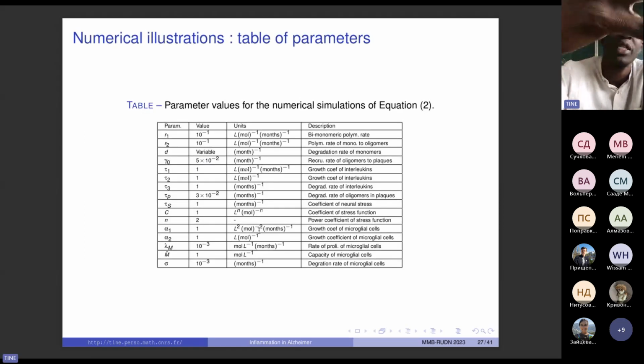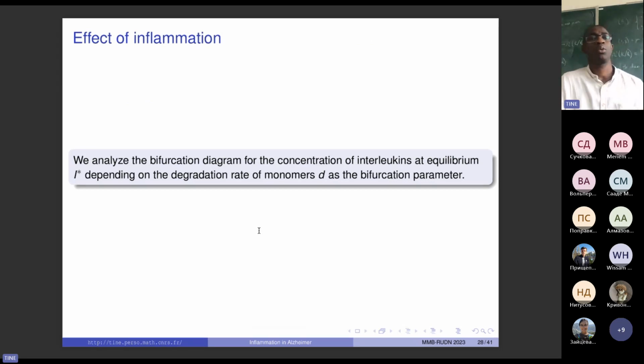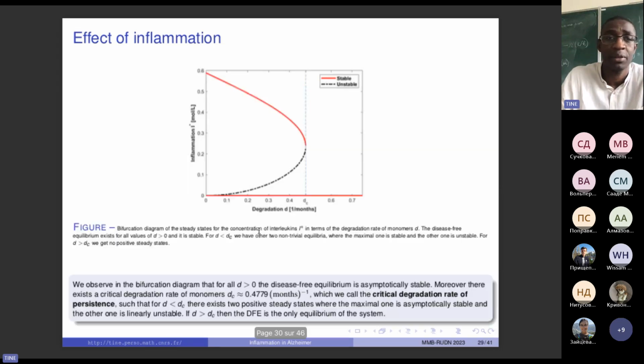For these parameters, we want to see what happens. That means we want to identify the disease-free equilibrium and the two other positive equilibria. So we analyze the bifurcation diagram. To do that, the best thing is to analyze the bifurcation diagram for the concentration of interleukins at the equilibrium, depending on the degradation rate of monomers D as the bifurcation parameter.